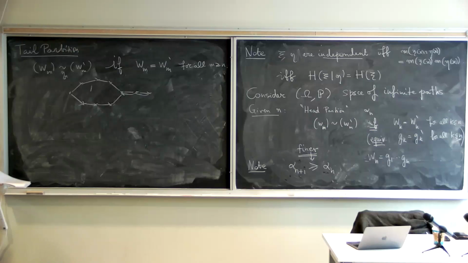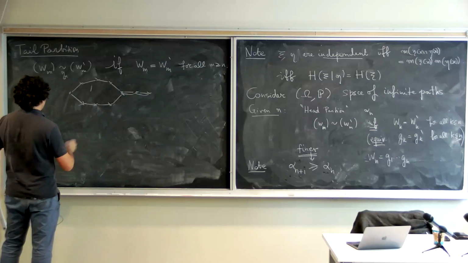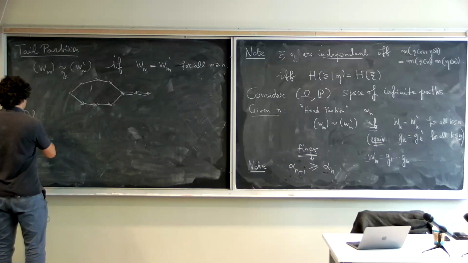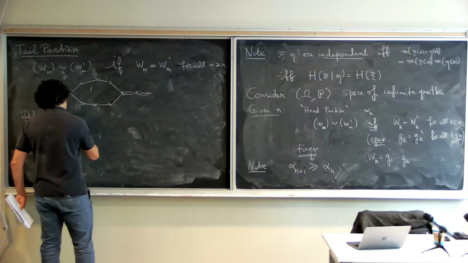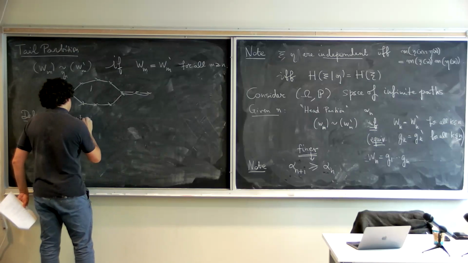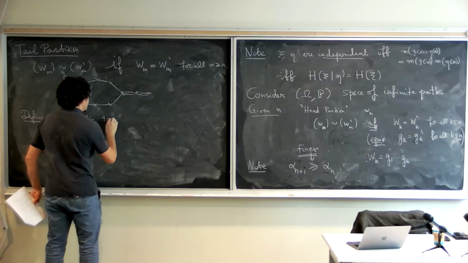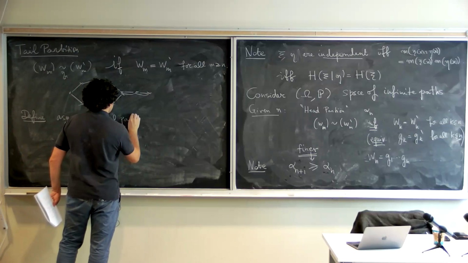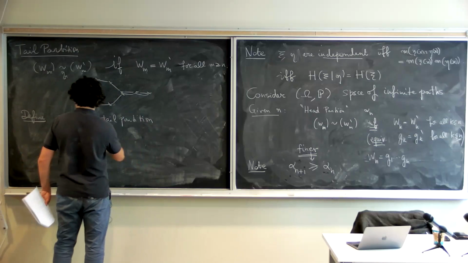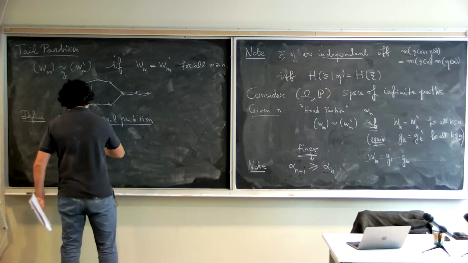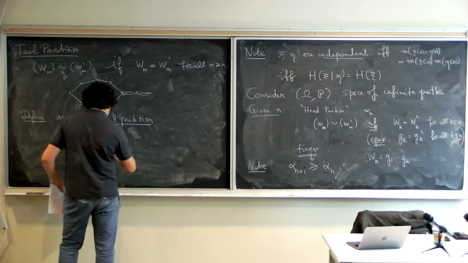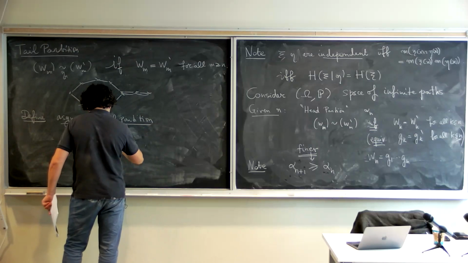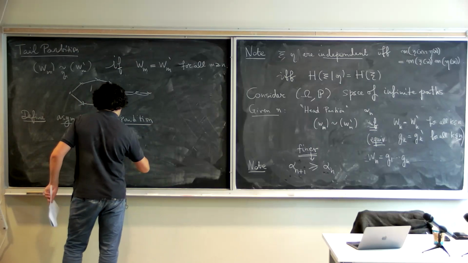And so the real tricky point is this: you define the asymptotic tail partition, eta infinity, which is the infimum of the eta n.